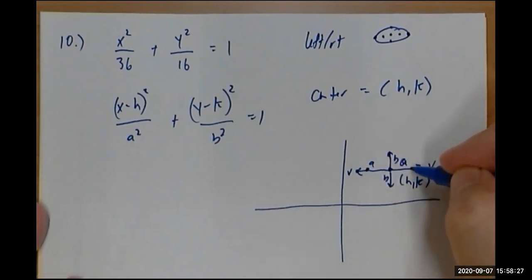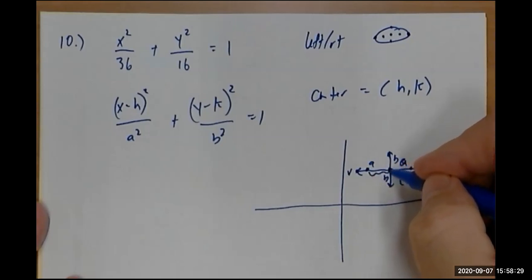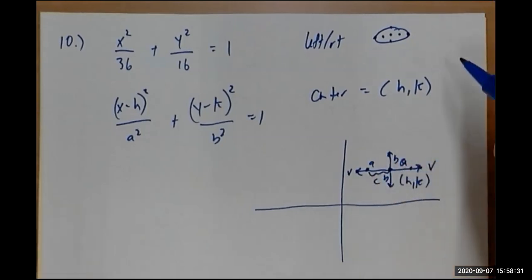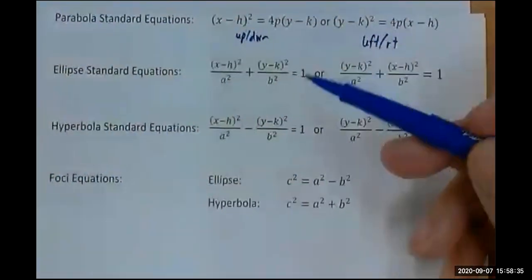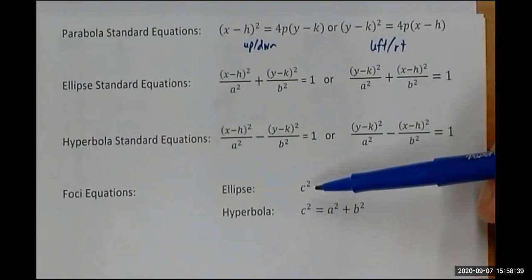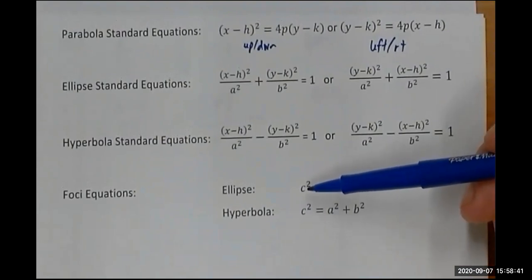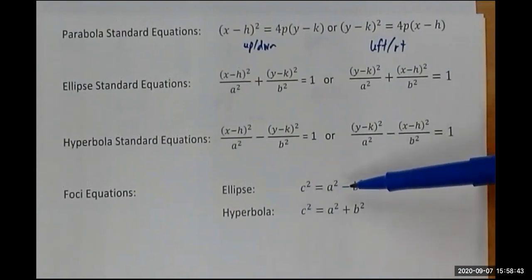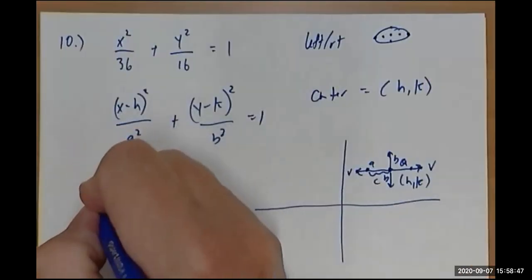The foci are in here, and the foci are a distance C from the center. And in our formula sheet, that's why there's an equation that allows us to calculate the value of c for an ellipse. It's c squared equals a squared minus b squared.